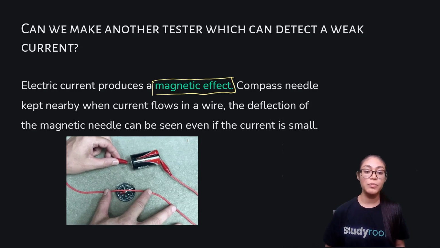So what do you do? You place a magnet near a wire which is carrying current. Whenever the current passes through the wire, you see a certain kind of deflection in the compass. So that's why we can say that electric current produces a magnetic effect.